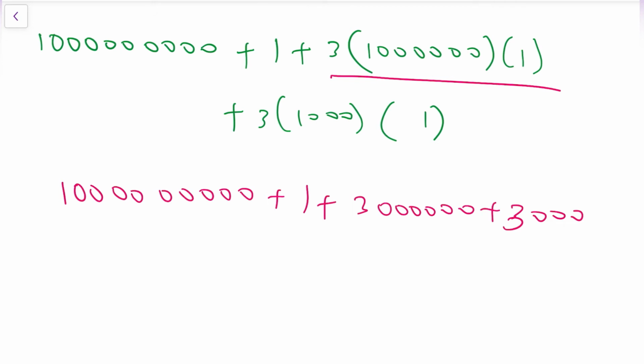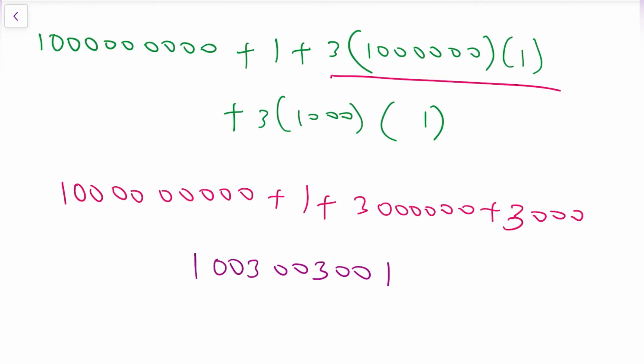The final answer will be 1,000,300,3001, which is a palindrome number.